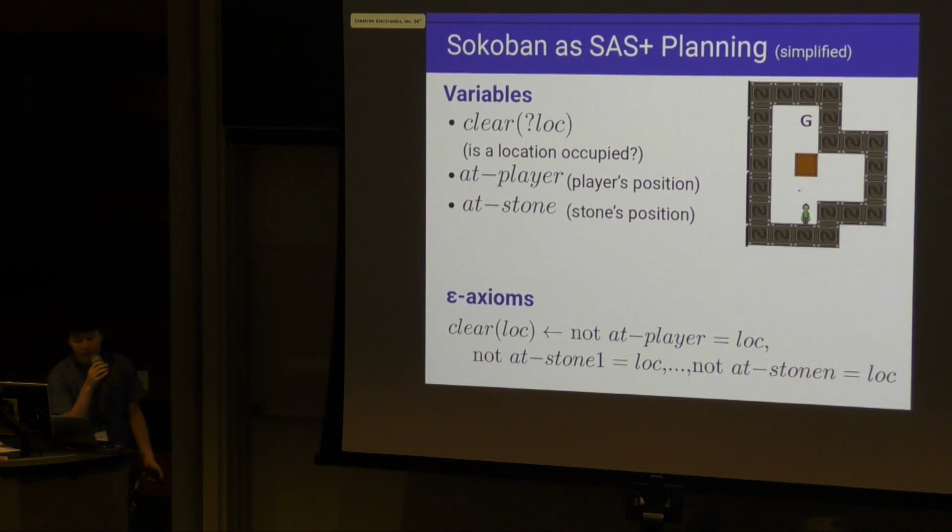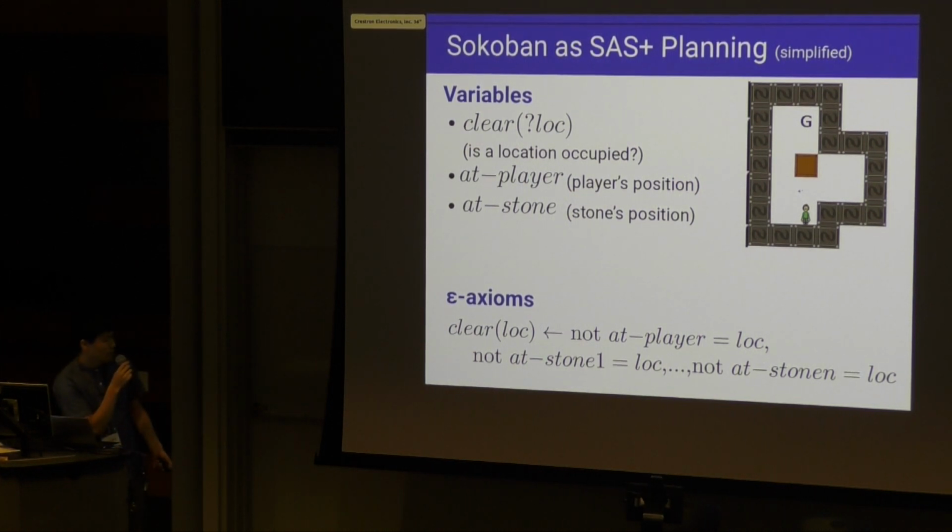However, if you think about it, the values of clear variables can be completely determined by the values of other variables. And the epsilon axiom captures this relationship. The epsilon axiom means that if there's no stone or player occupying a location, then the location is clear.